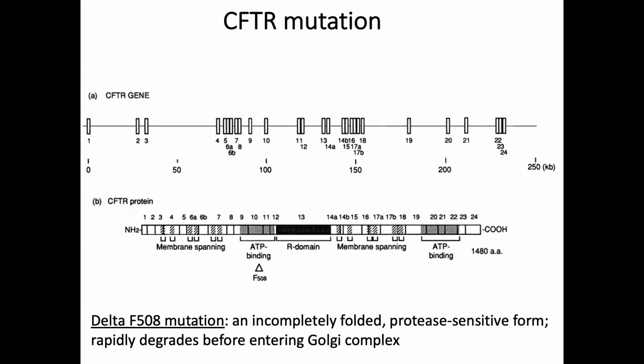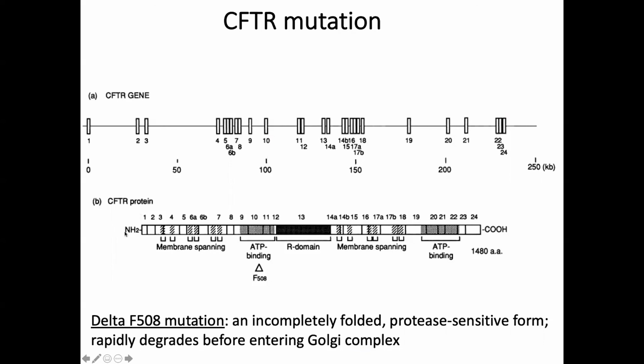Let's see the CFTR gene mutation in cystic fibrosis. In figure A, you see the CFTR gene shown here. Now you should be able to tell how long this gene is. It's 250 kilobase pairs long and has how many exons? From 1 to 24, it has 24 exons. When the gene is expressed as a full-length protein, shown in figure B, this is the protein sequence.